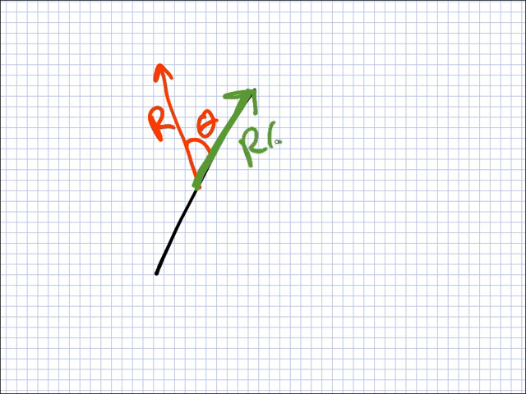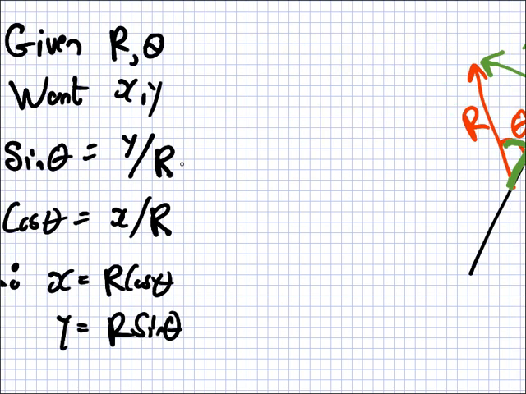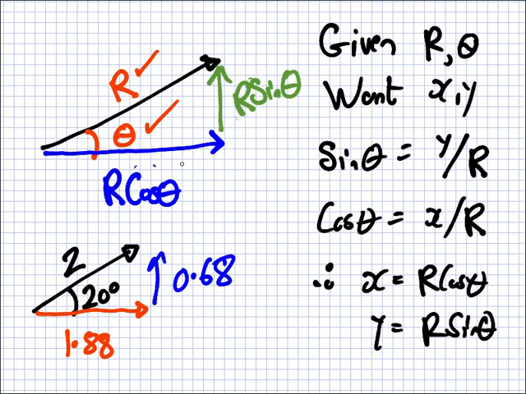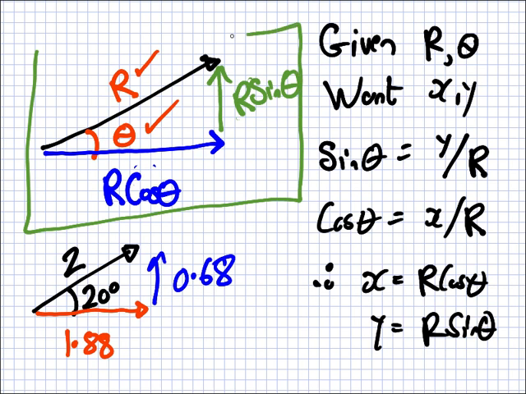Yeah, this is r cos theta, because it's the side that touches theta. And this one here is sine, because it's the side opposite theta. Okay? You should write that. This is an important calculation.